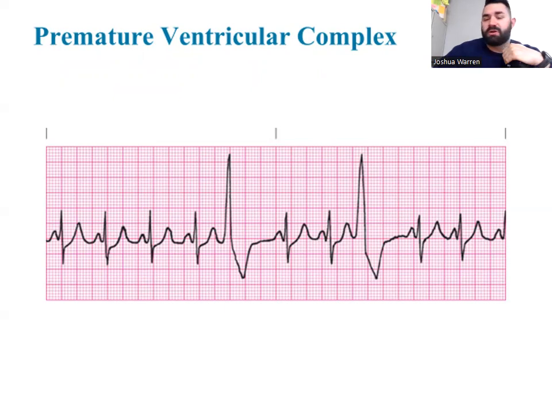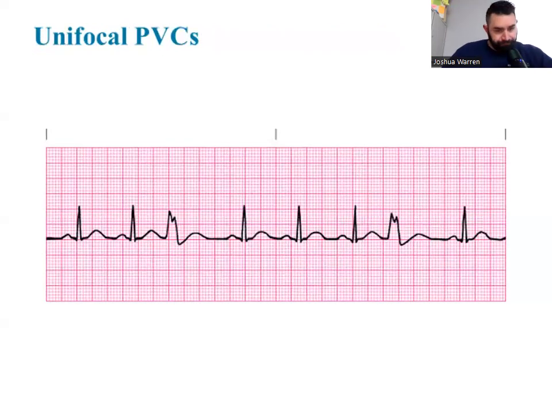Remember, a run of PVCs is called salvos. Multifocal means that all the PVCs look different. That is more of a sign of danger for the patient. Now, what does unifocal PVCs look like? They look the same. They're coming from a single ectopic foci, one pissed off piece of meat.